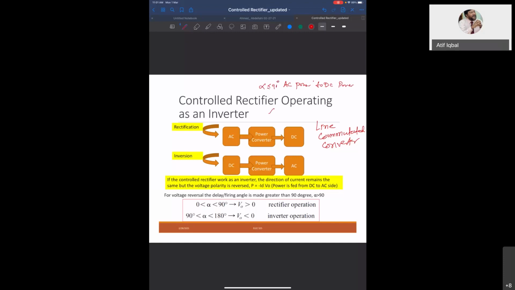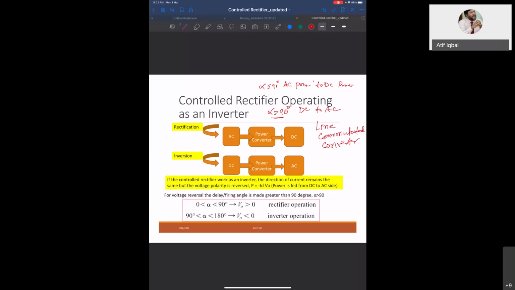Now, if you increase the angle above 90 degrees, then it starts pumping power from the DC side to the AC side, and that is called the inversion mode. So it is acting as an inverter. We call such an inverter a line commutated converter, and the angle at which it operates is more than 90 degrees.